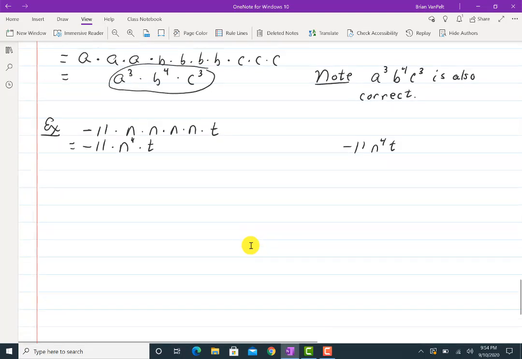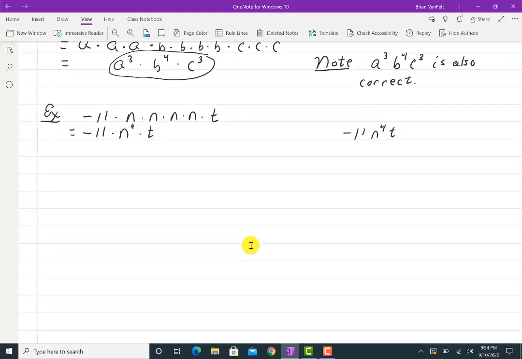Now let's go back to evaluating expressions for different values. So I'd like now to evaluate x squared for x equals 2, and x equals negative 2.